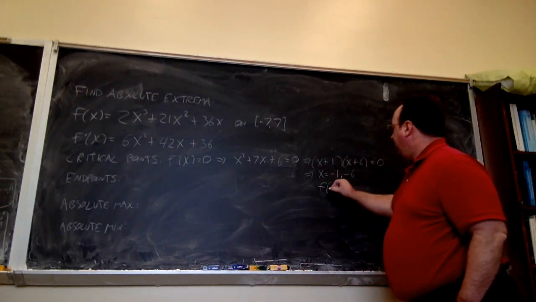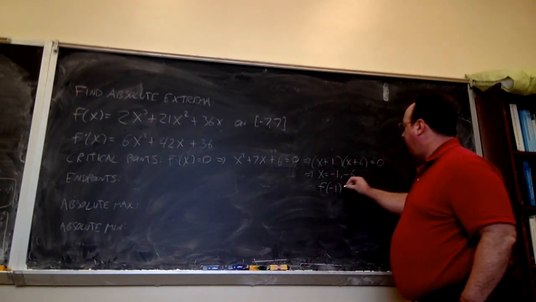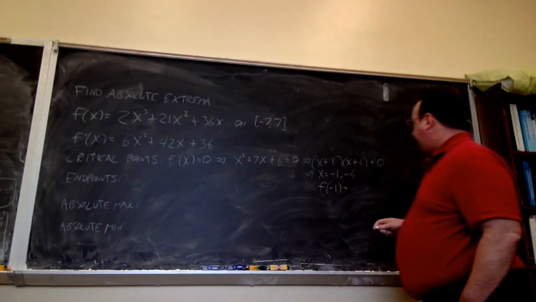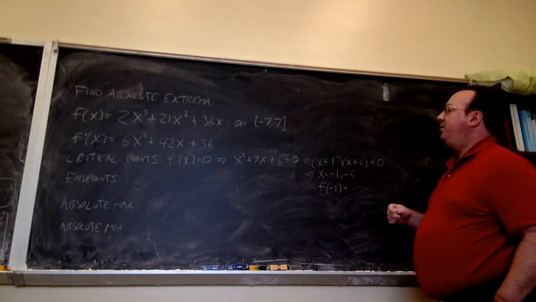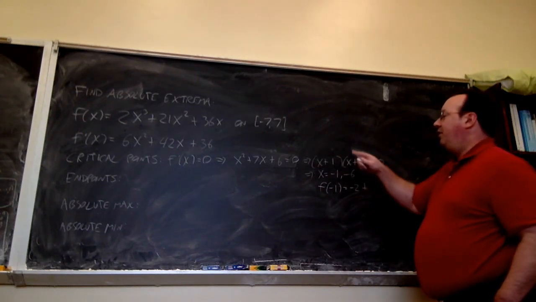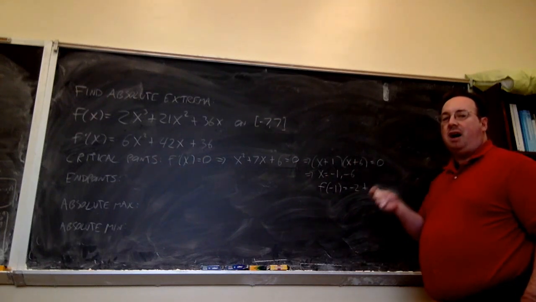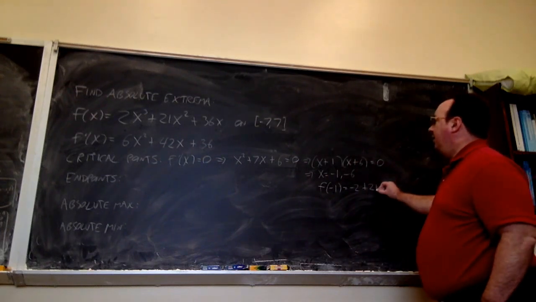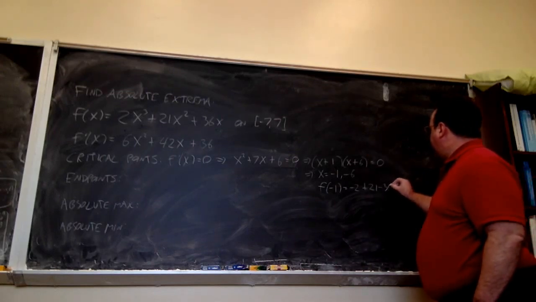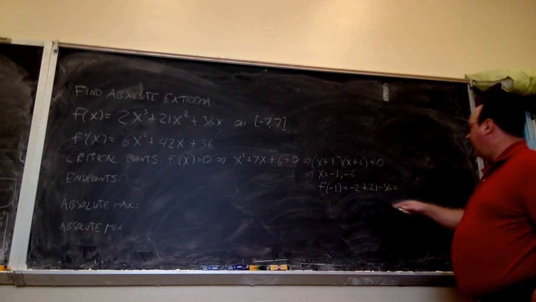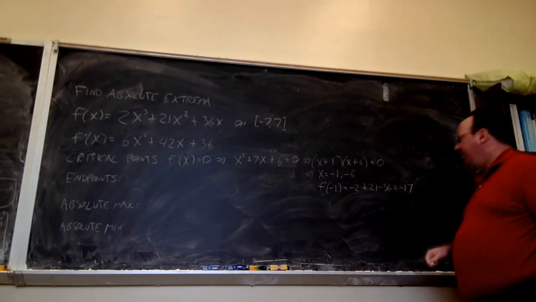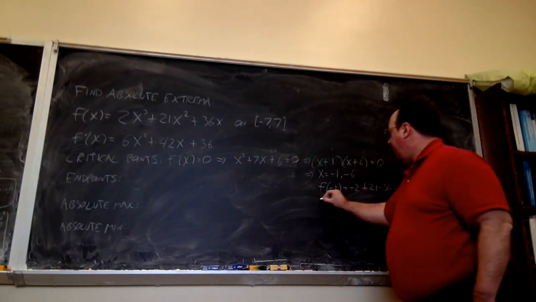So if I substitute -1 for x in the original function, not the derivative, the original function, what I would get is 2 times -1 cubed, so -2, plus 21 times -1 squared, which is +1, so 21, plus 36 times -1, which is -36. So what I get is -2 plus 21 minus 36, which is -17.